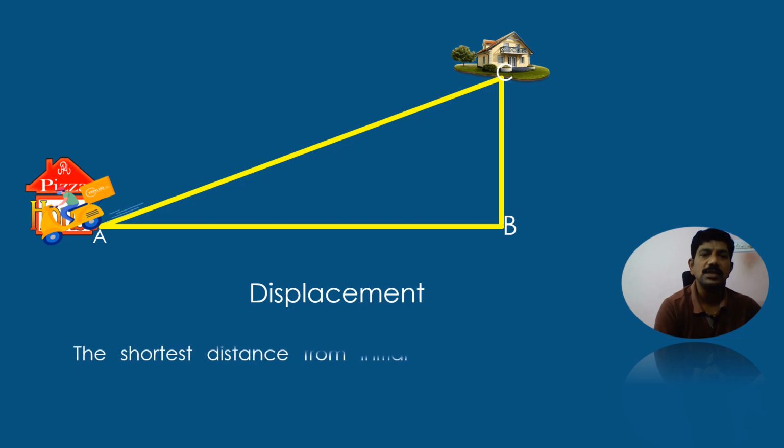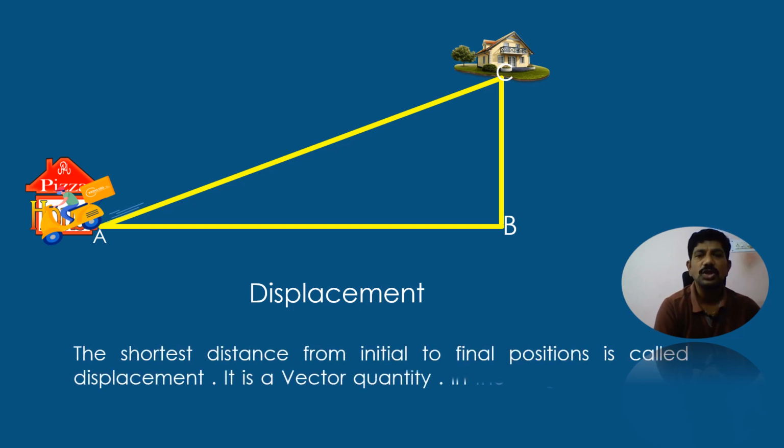Displacement is defined as the shortest distance from initial to final position. It is a vector quantity because it has both magnitude and direction. In the diagram, AC is the displacement. Are you clear about that one?